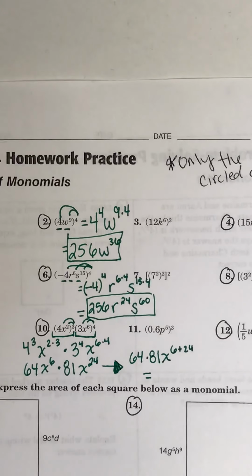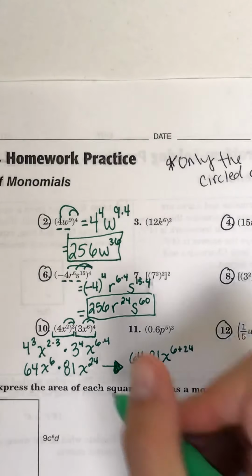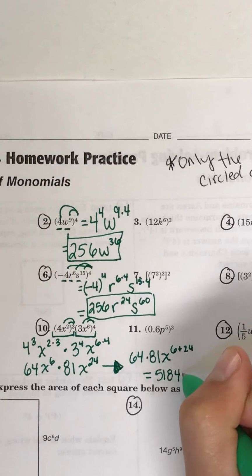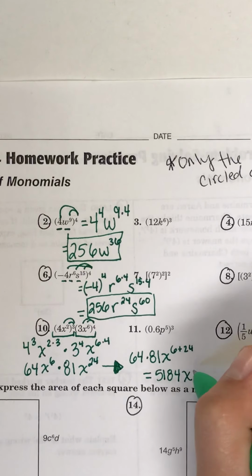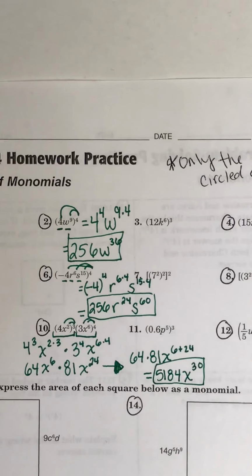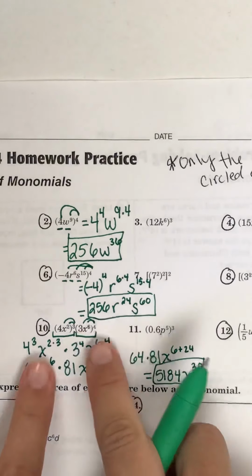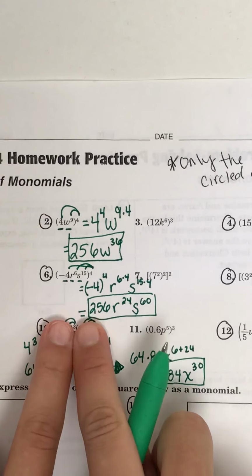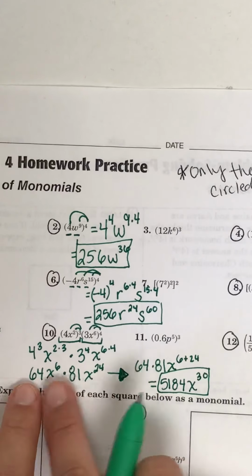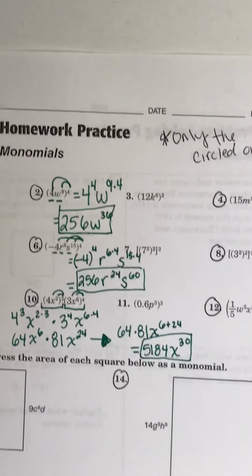And then when you simplify 64 times 81, you get 5,184. X to the 6 plus 24 is 30. So once again, you had to basically do 3 things. You had to simplify each of those parentheses separately, and then you had to apply the multiplication rule.